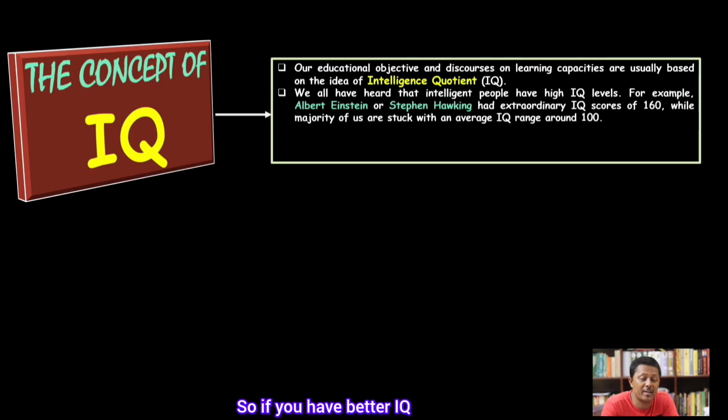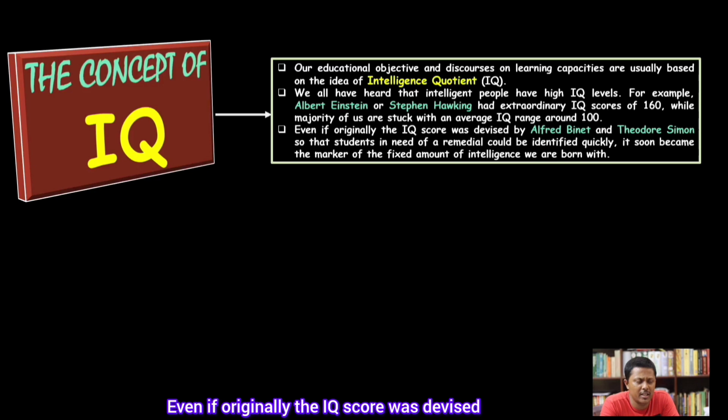So if you have better IQ, your score will be 160, 150, 170. If Albert Einstein scored 160, naturally, a common human being like us will score within 95 to 100. So this is the intelligence quotient, that is IQ. Even if originally the IQ score was devised by Alfred Binet and Theodore Simon so that students in need of remedial help could be identified quickly, it soon became the marker of the fixed amount of intelligence we are born with.